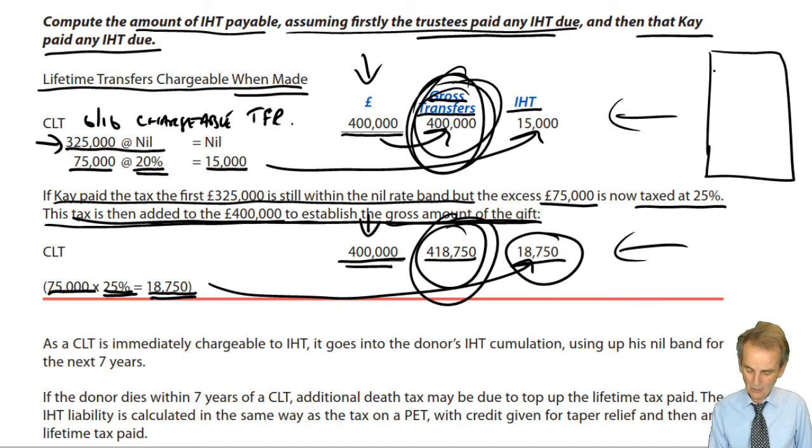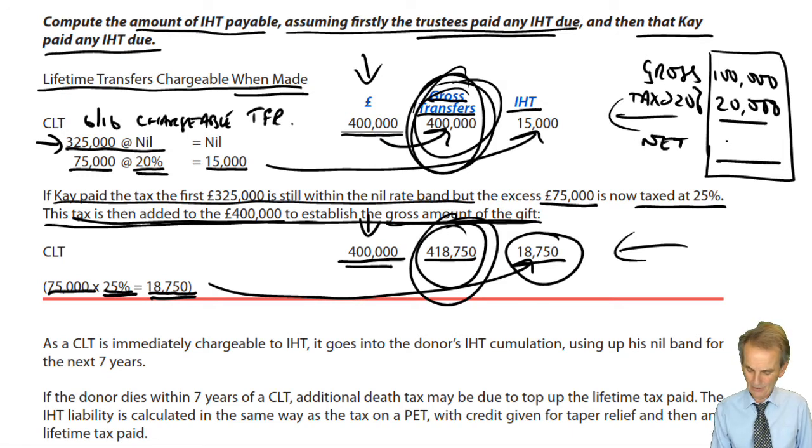If we had a gross amount of £100,000 and we had £20,000 tax thereon, that is tax at 20% on the gross figure, then the net amount of that would be 80,000.